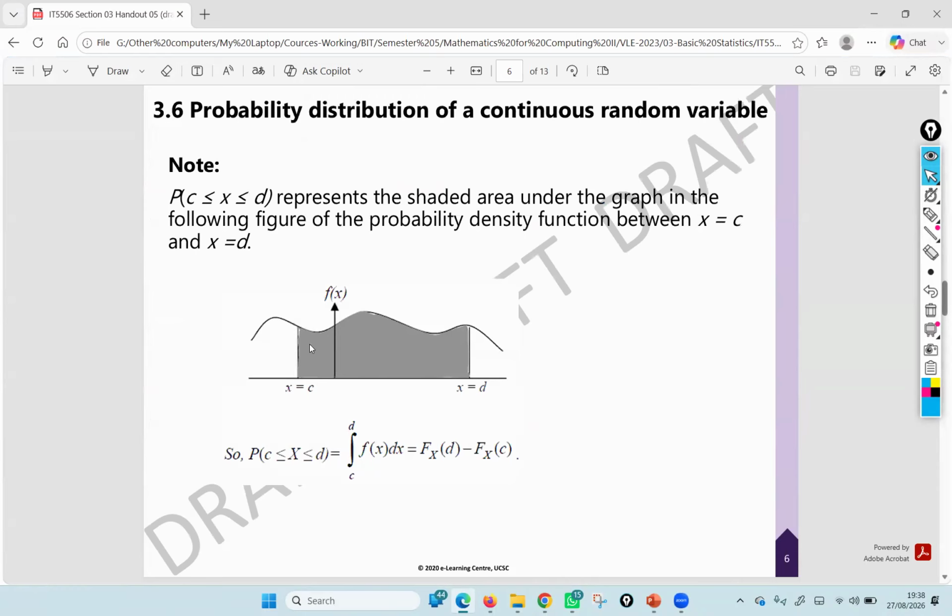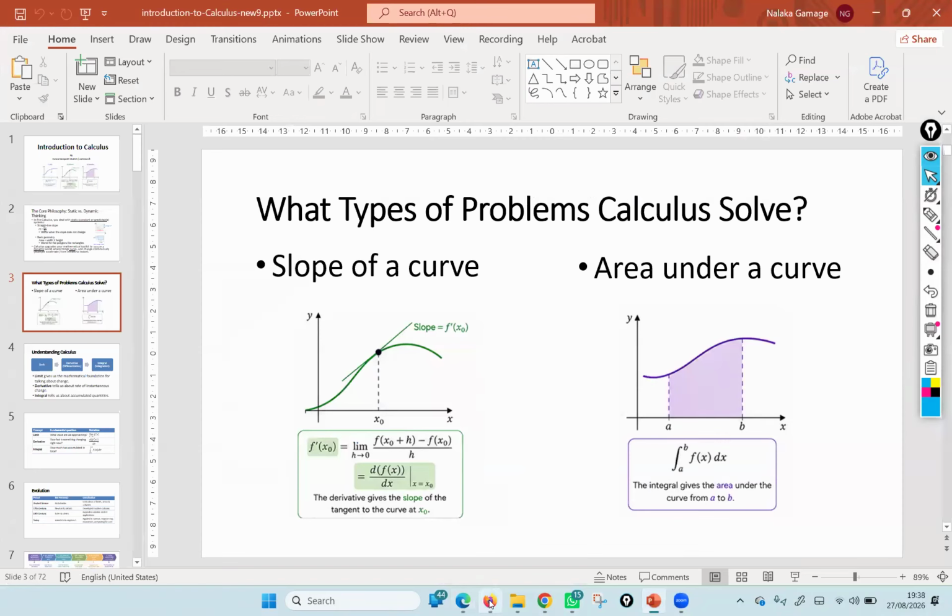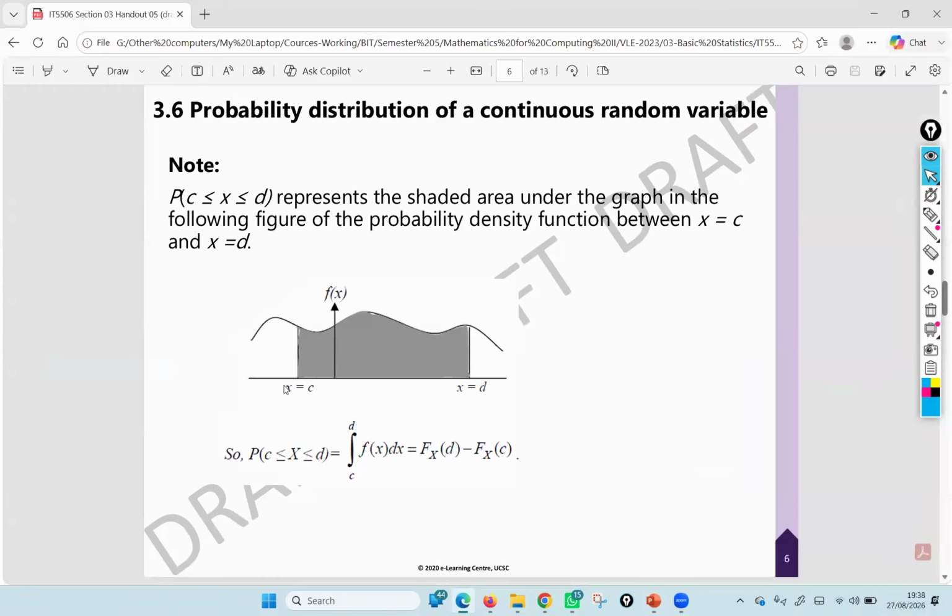Now you can see this is area under the curve. The moment you go to area under the curve, that is integration, because you can't calculate it as width into height, since this is a curve. Integration gives you a way to calculate this area under the curve.